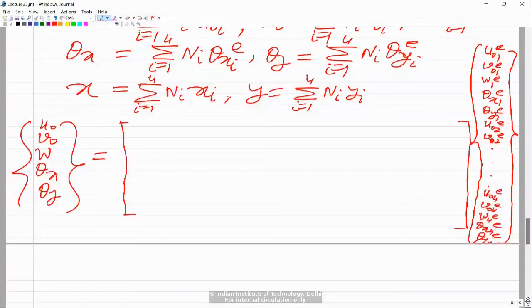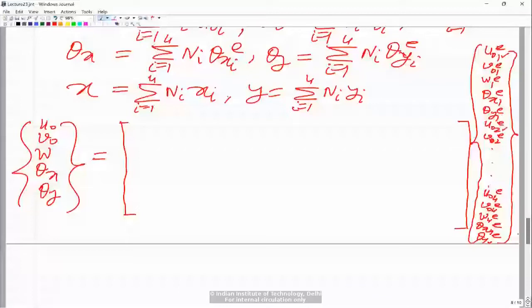Now how do we write here this interpolation matrix in between? So we have already said that u naught is N1 u naught 1 plus N2 into u naught 2 plus N3 into u naught 3 and so on. So u naught is coming in the vector of elemental degrees of freedom at location 1, then at location 6 and so on. So at those locations we'll have to put the shape functions, and remaining places we put 0.